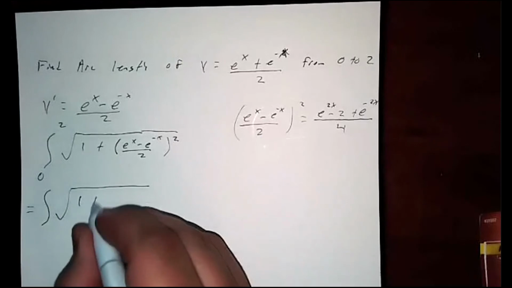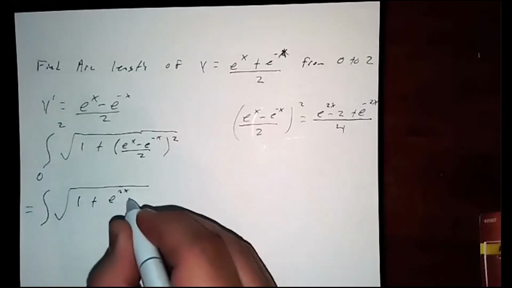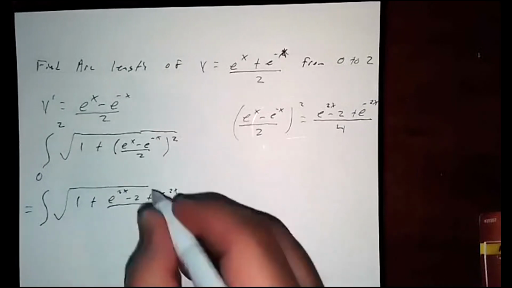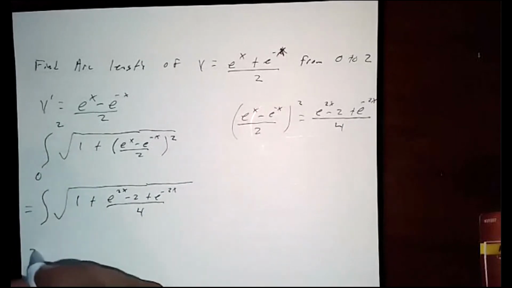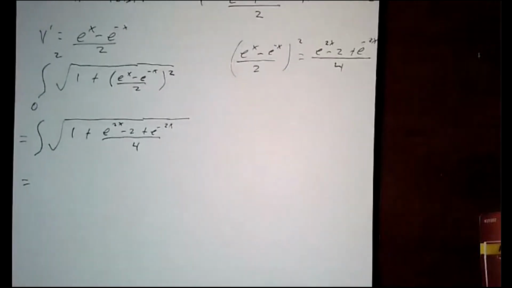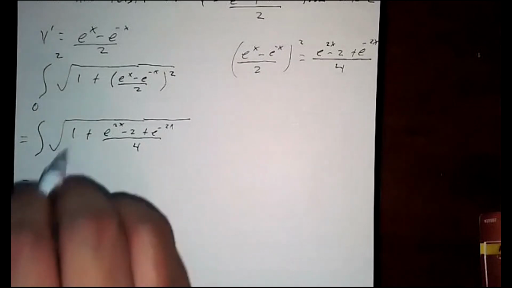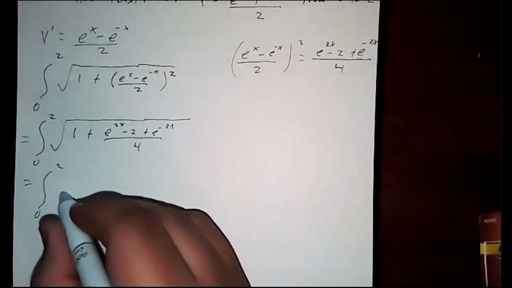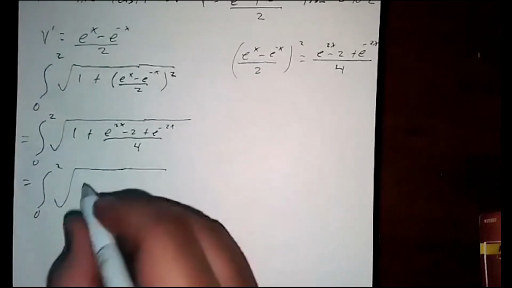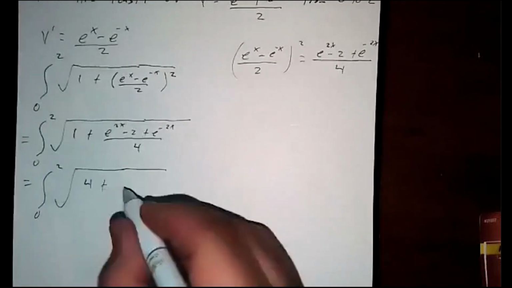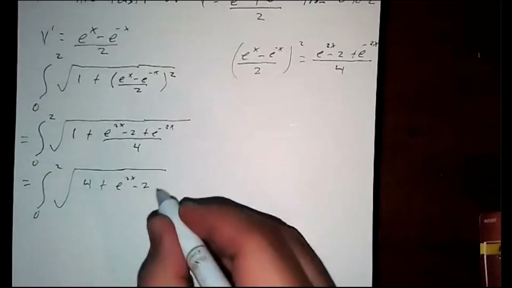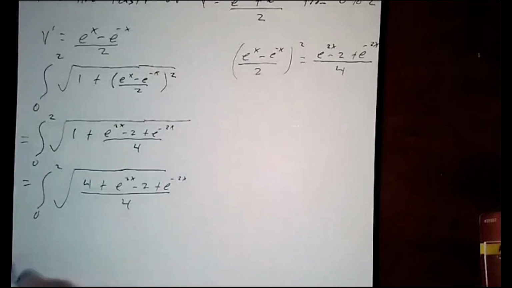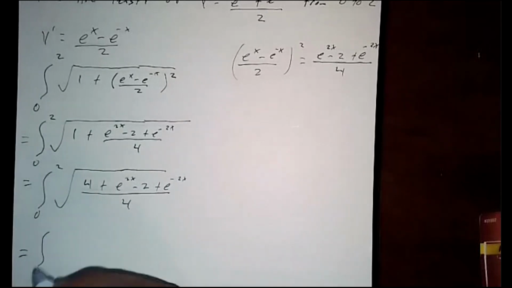So you got 1 plus e to the 2x minus 2 plus e to the negative 2x over 4. Let's get the common denominator. That usually helps. That will be 4 plus e to the 2x minus 2 plus e to the negative 2x over 4. Oh, okay, I think I see it now.